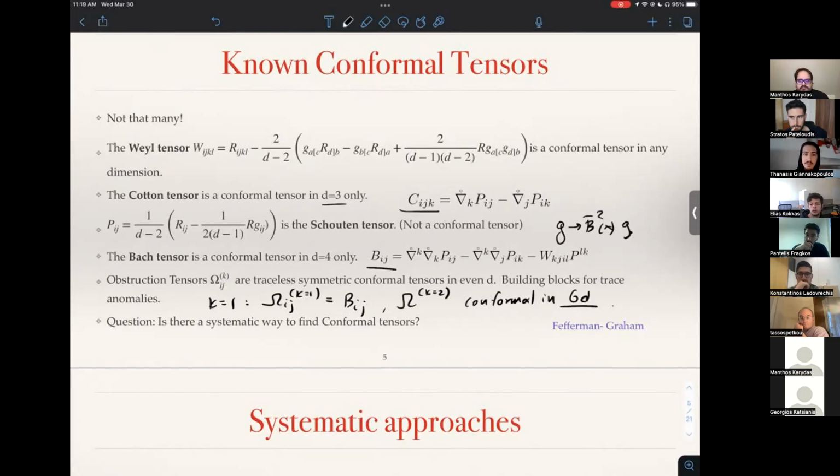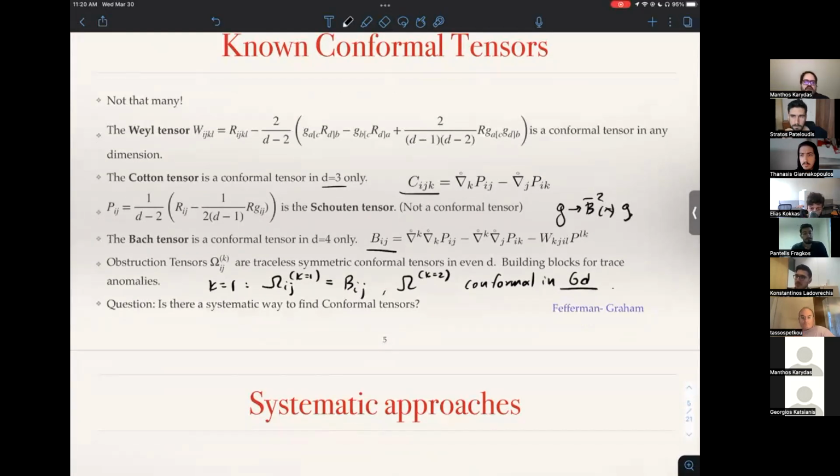Is there any deep understanding why this is the case? I don't have a deep understanding why this is the case. There is a very easy understanding in terms of conformal invariants, which can only appear in even dimensions. But here we talk about tensors, so I don't have an understanding why this happens. Good, thanks. Yeah, no worries.